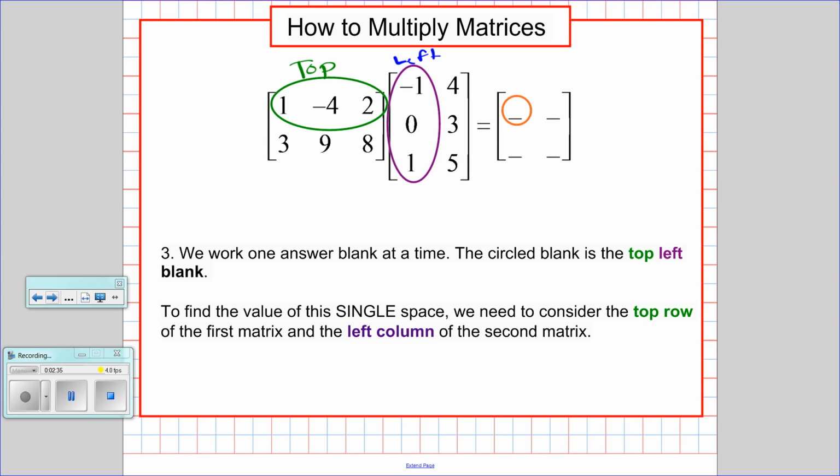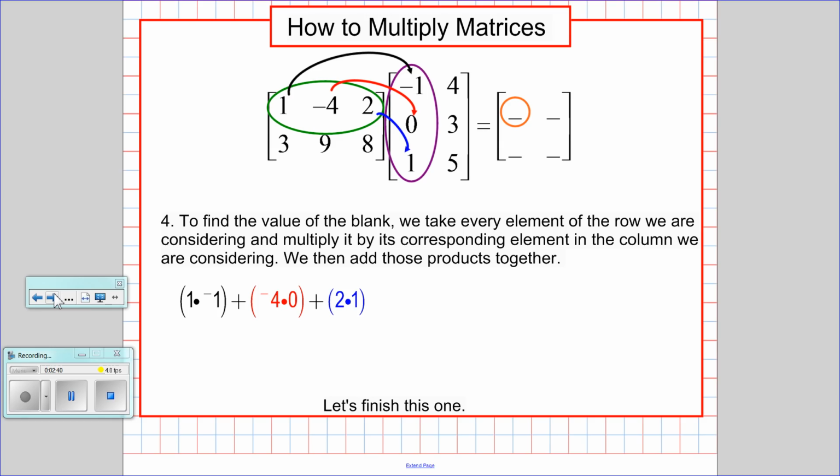Now, what do we do with that information? Well, we multiply, but we multiply a lot. So we actually multiply element to element. The reason we had to check those interior dimensions was to make sure that the elements would multiply correctly. What do I mean by elements? Well, the first element in the top row times the first element in the left column. -1 times 1.